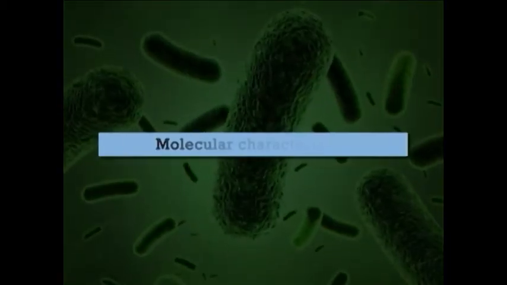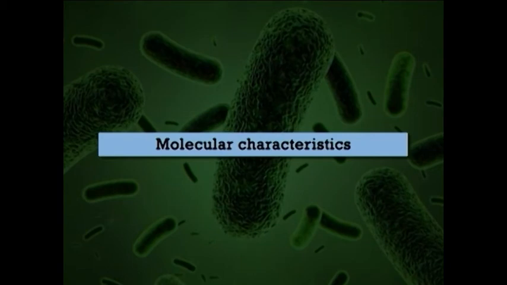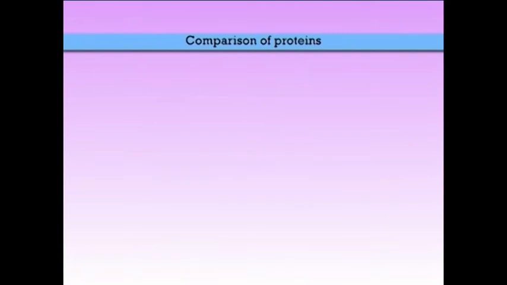Now we'll come to the molecular characteristics. In this, the study or comparison of molecular characteristics such as proteins and nucleic acids yields information about relatedness. Now first we'll see the comparison of proteins.